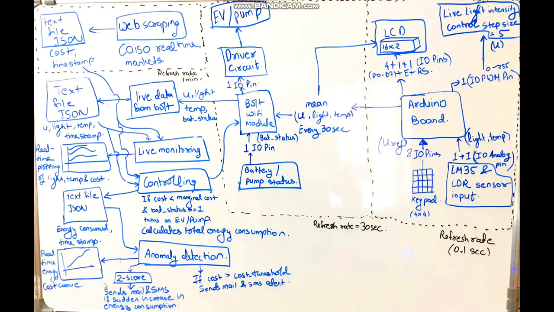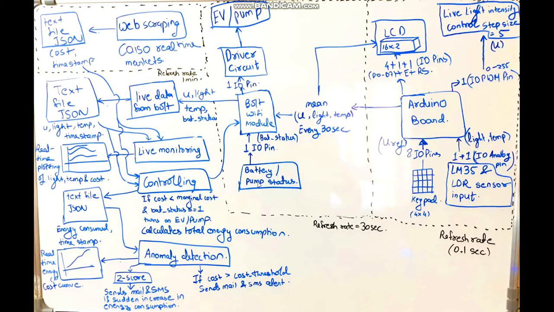So let's say originally the light was at 0, and suddenly someone increases it to full value, then it will send an SMS or a mail.